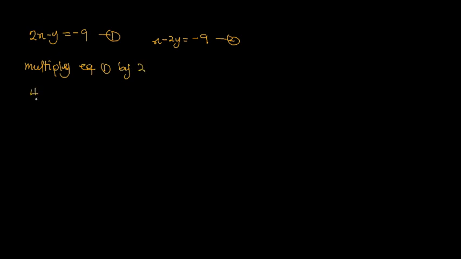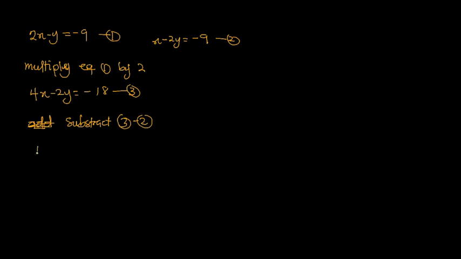If I do that, I'll have 4x minus 2y is equal to -18. This will become my equation 3. Then I can now say subtract equation 2 from 3.